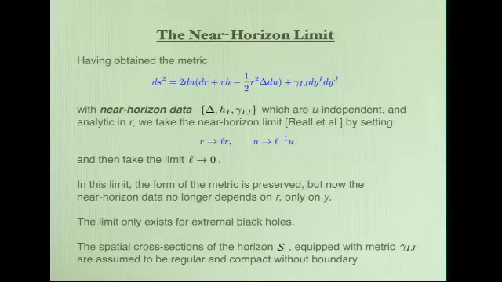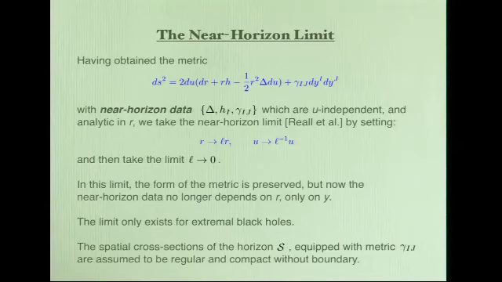So we take the limit, and if you do this limit, you see the metric looks exactly the same, because, for example, there's a du dr term here, and you do this rescaling, and it doesn't change it at all. The only thing that changes is implicitly in this scalar delta, in this metric gamma ij, and in this one form H. When you take the limit, they no longer depend on R. So they just become dependent on these coordinates yi.